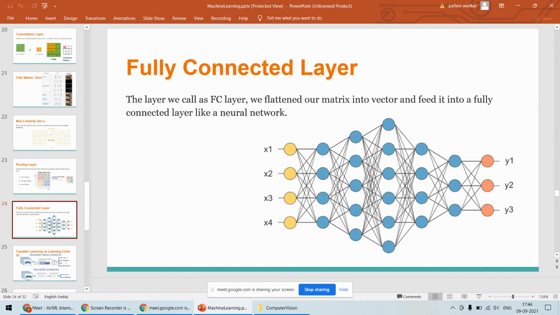Then the image of a cat will be applied, and again in that case y2 will be maximum. Again multiple images will be given, and it will be ensured that whenever the cat's image is shown to this network, y2 is maximum. And again any other animal will be given as input, and in that case y3 has to be maximum. In that way the internal nodes will be adjusted, and that is nothing but the fitting process.